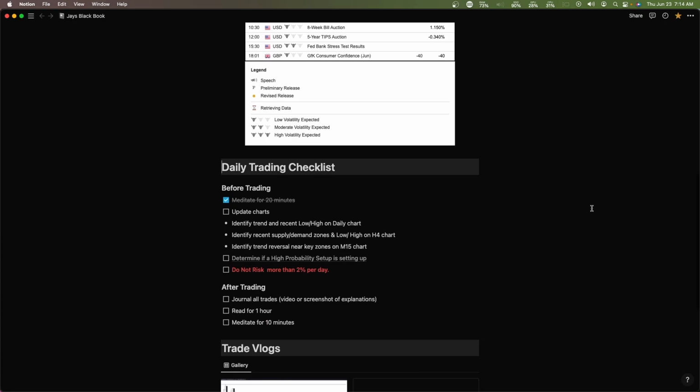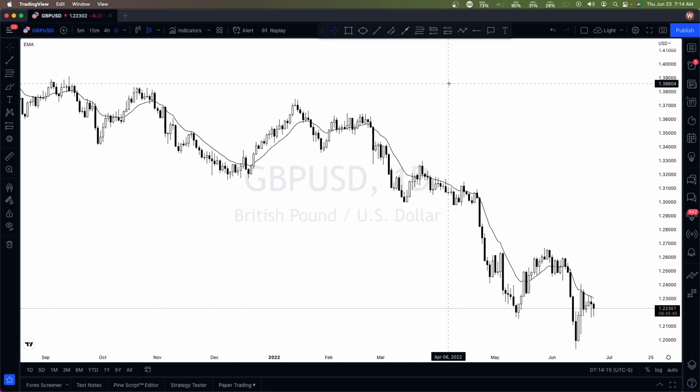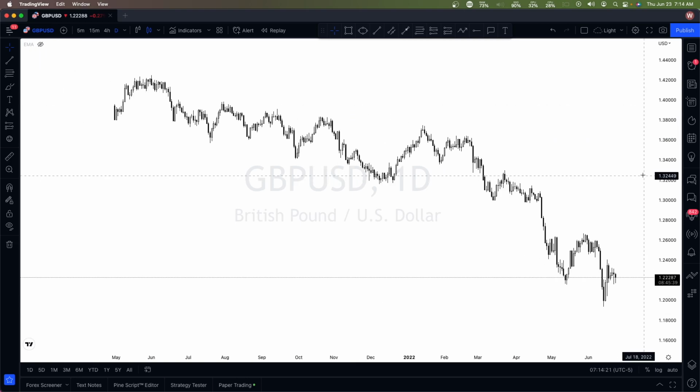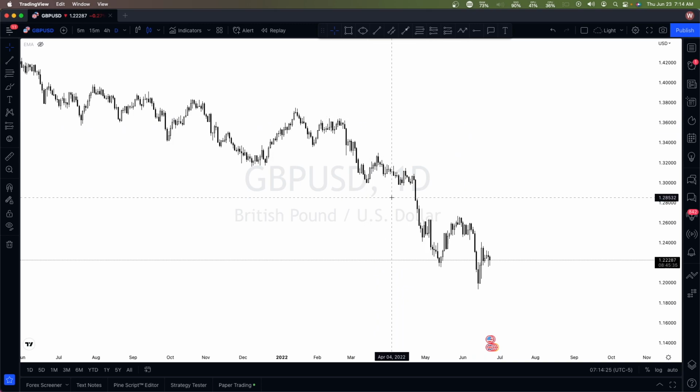All right, so now we're going to update the charts. Same thing: identify the trend or recent low and high on the daily chart. Let's go ahead and get to that. So, our daily chart, turn off the EMA for a sec. Just identify the trend, still in a downtrend.